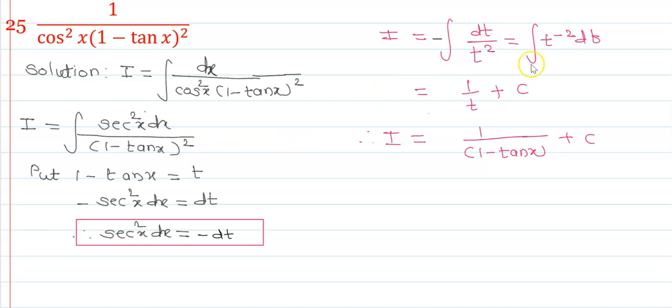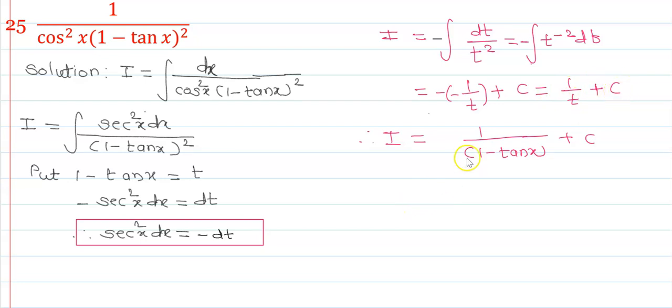Take this t square to the numerator, power will become minus. Here is a minus sign, and the integral of t raised to minus 2 is minus 1 upon t, and this minus and minus will become plus, that is 1 upon t plus c.